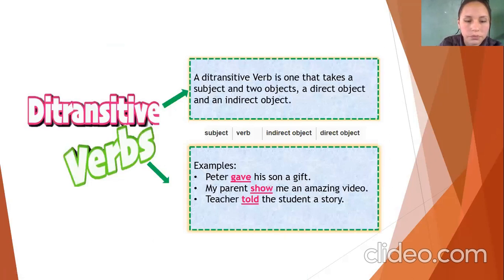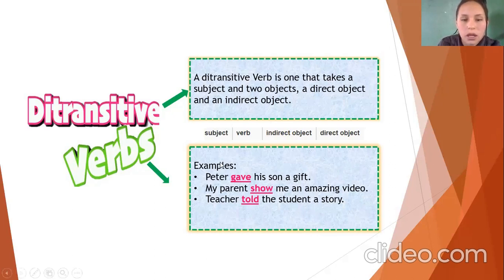Then the third type of verbs is ditransitive verbs. Ditransitive verbs are ones that take a subject and two objects, a direct object and an indirect object.